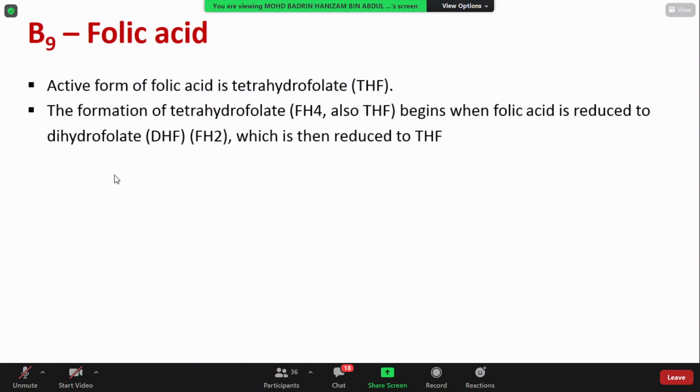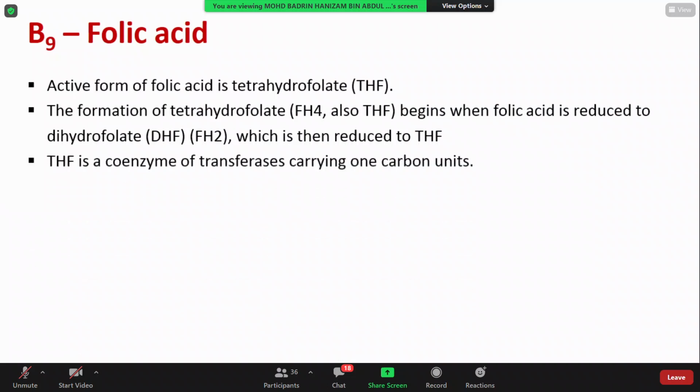Formation of THF begins when folic acid is reduced to dihydrofolate, DHF, which is then reduced to THF. So from our diet, it is not readily THF. We're going to see the process of how our body forms THF from the inactive form of vitamin B9, folic acid.